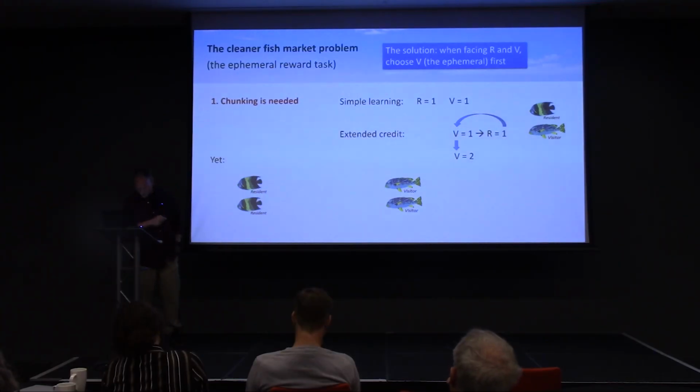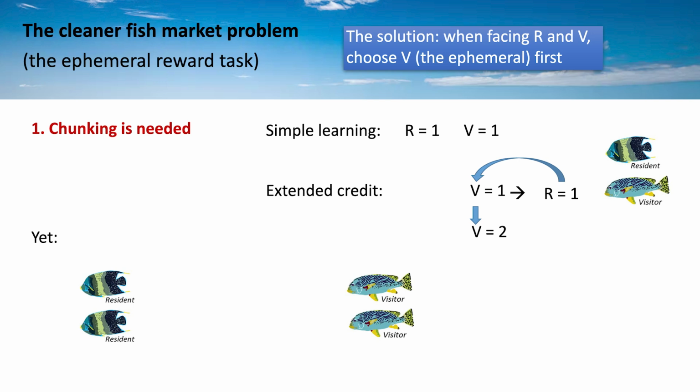It works not bad. But the problem is that in nature, you have many situations when you have 2 residents and 2 visitors. Now, if you have 2 residents, you go to the first resident, the other resident waits. So going first to the resident, you learn that actually you can have 2. So the extended credit model in this case teaches you that R equals 2.